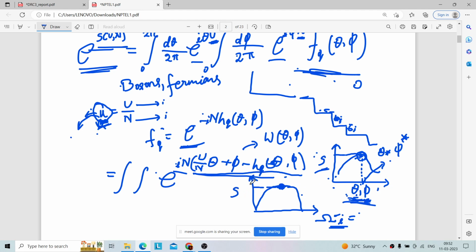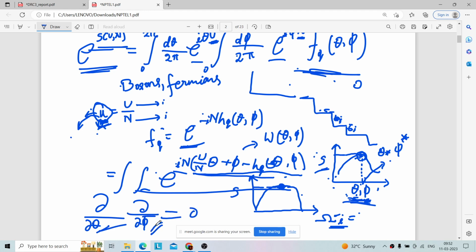What we have to do for that, we have to take the derivative of this function with respect to theta and phi. Then we will equate them to 0 and we will find theta and phi variables from them. By equating we will get some theta. We are assuming that the maxima is at theta star, so we will put theta as theta star and phi as phi star.